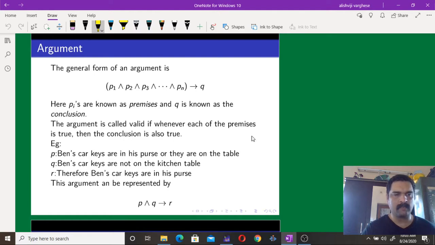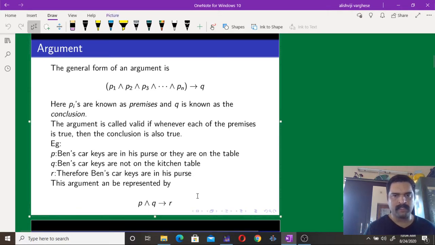So this is a valid argument: if P is true and Q is true, then R is obviously true. That can be represented as P and Q implies R. So this is an example of a valid argument.